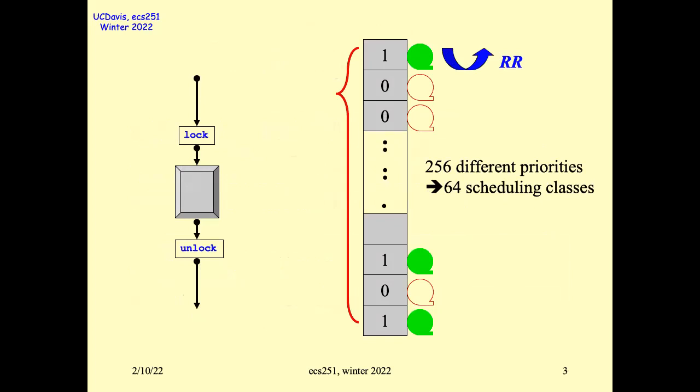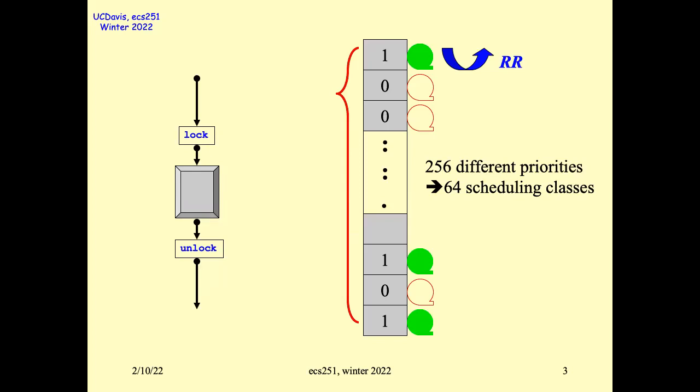In any Unix operating system, at least for a long time, they have 256 different levels of priority. This is the FreeBSD kernel's implementation. They decided to implement the concept of priority scheduling using 64 different queues.